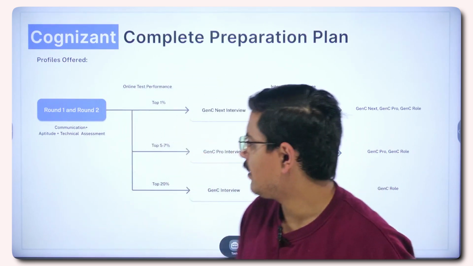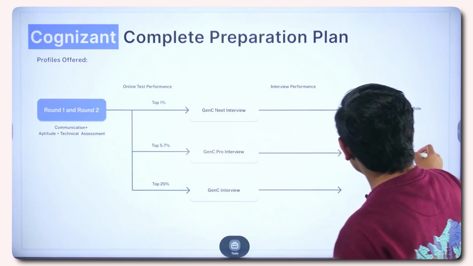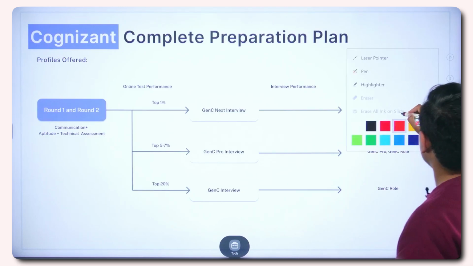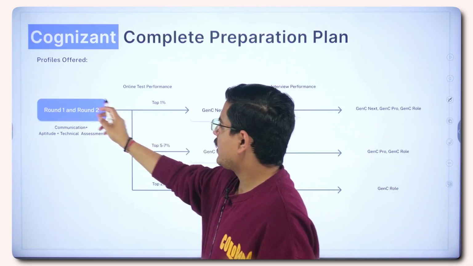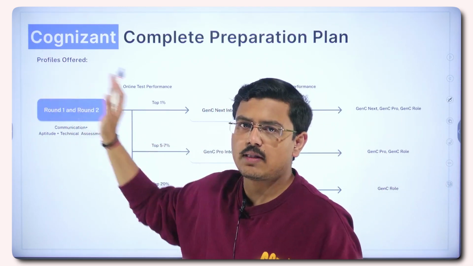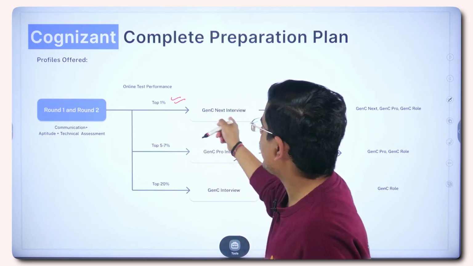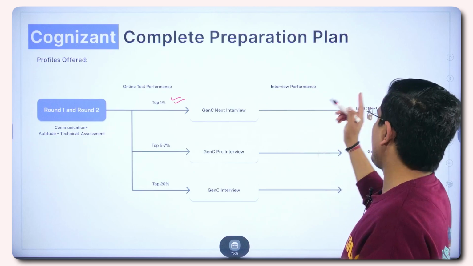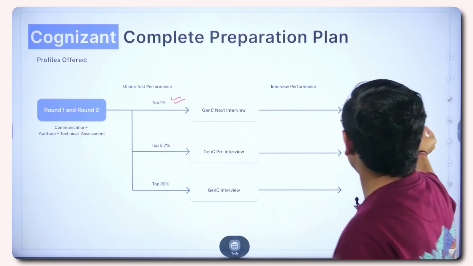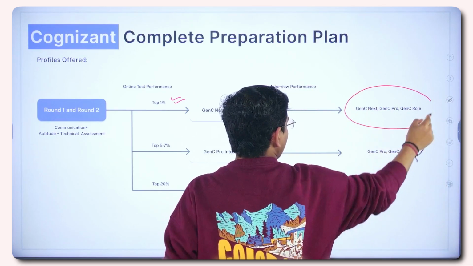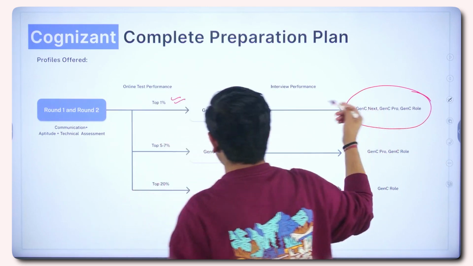Don't worry. Fine. So the basic nature of this exam is that round 1 and round 2 will happen. Those assessments that I showed you, once you perform there, and if you're in the top 1%, you're getting the GenC Next interview call, and according to your interview performance, you'll get any one role out of these 3: GenC Next, GenC Pro or GenC.